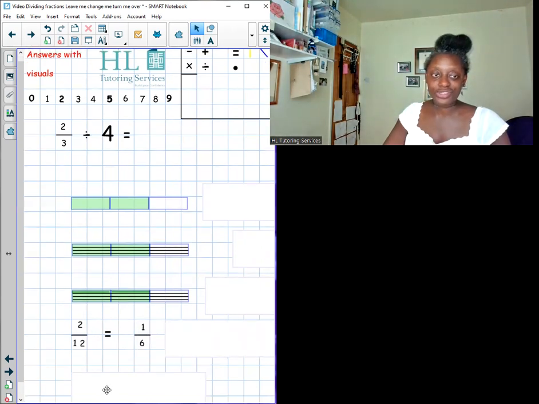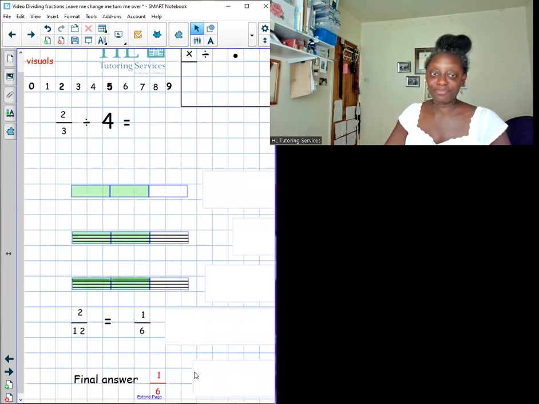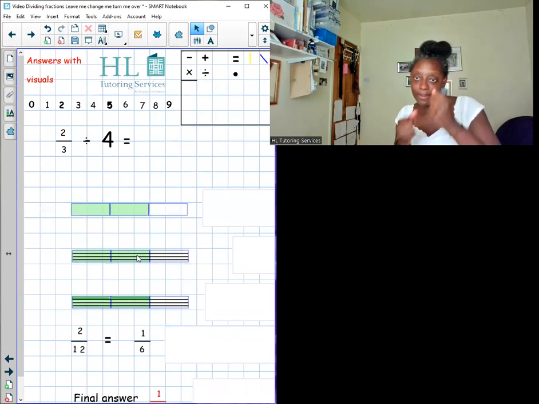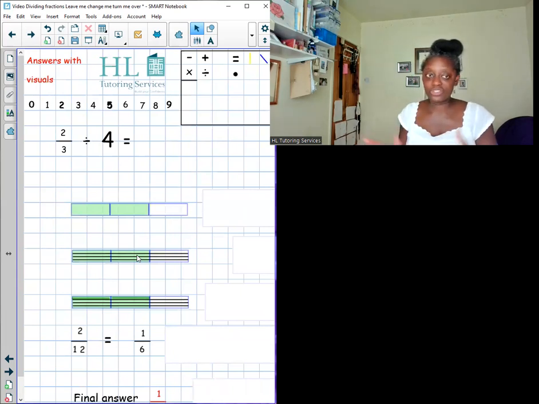So 2/3 divided by 4, which is a whole number, is 1/6. If you're not sure, pictures are really useful. Objects, food, sweets, fruit.